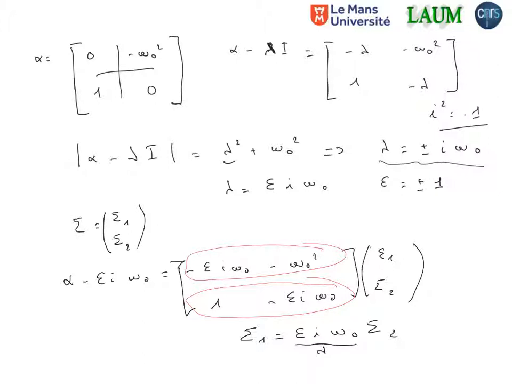And we can find that the eigenvectors are epsilon I omega 0 and 1, if we take the choice that sigma 2 is equal to 1. So in fact we have that lambda is equal to I omega 0 and minus I omega 0.